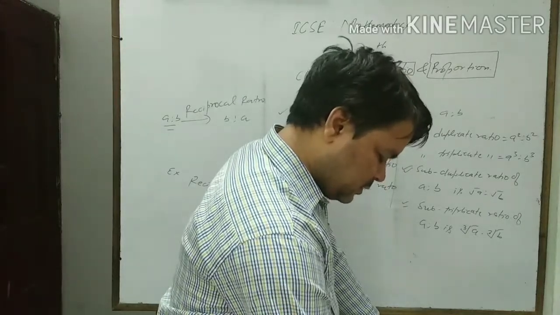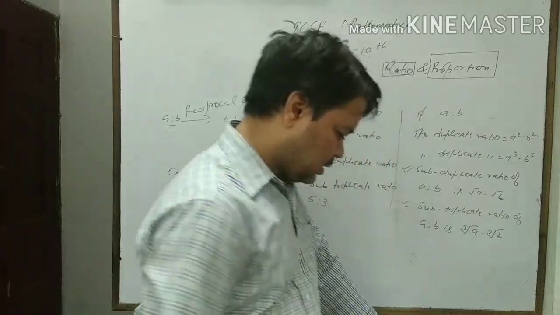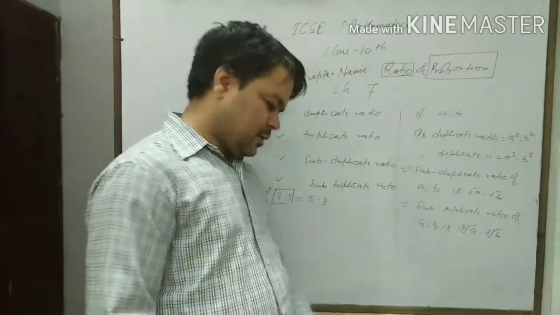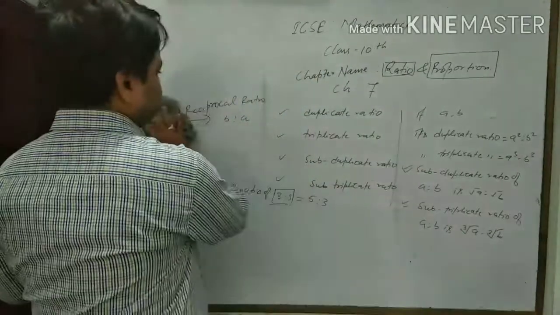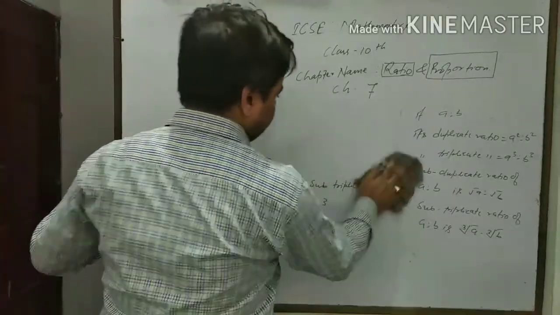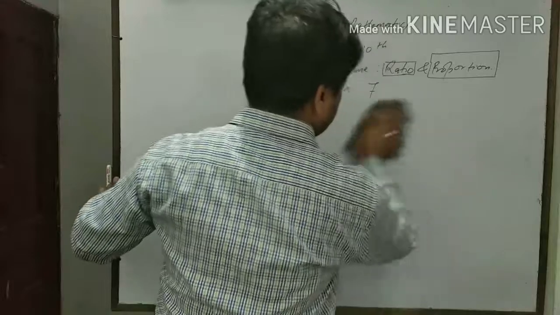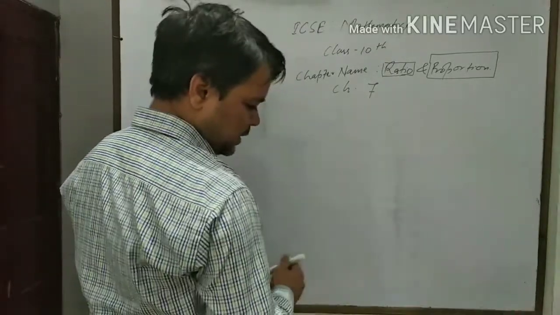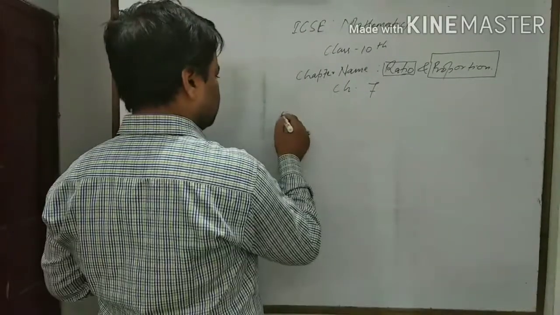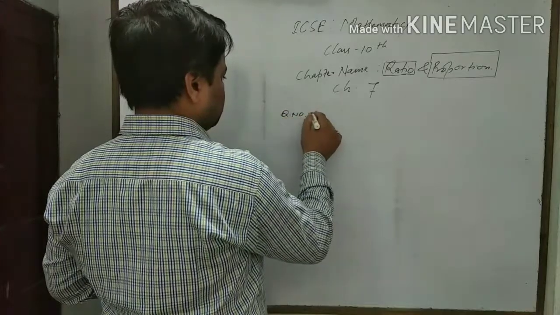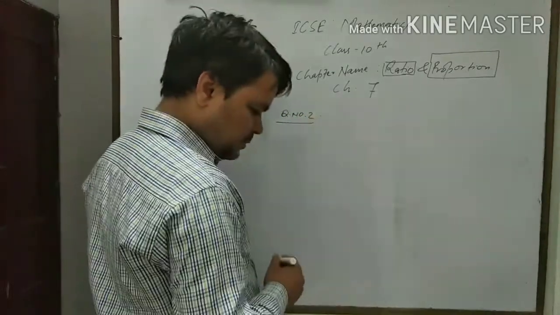Okay, 7.1. Here, question number 2 of exercise 7.1. What is given?